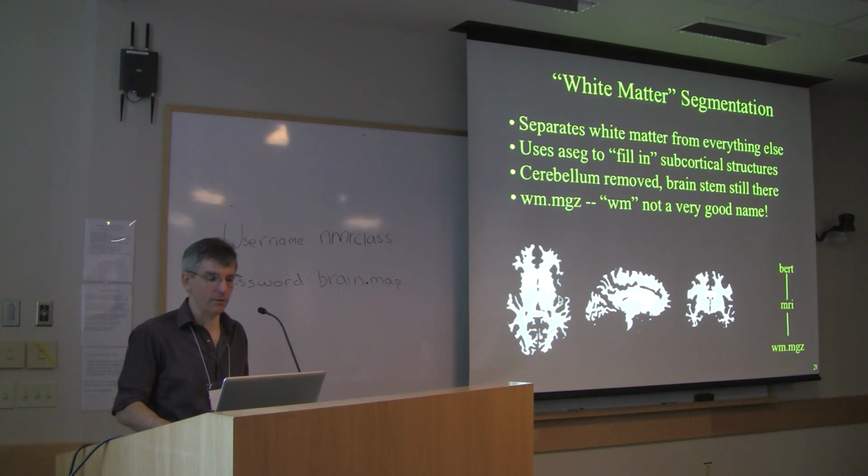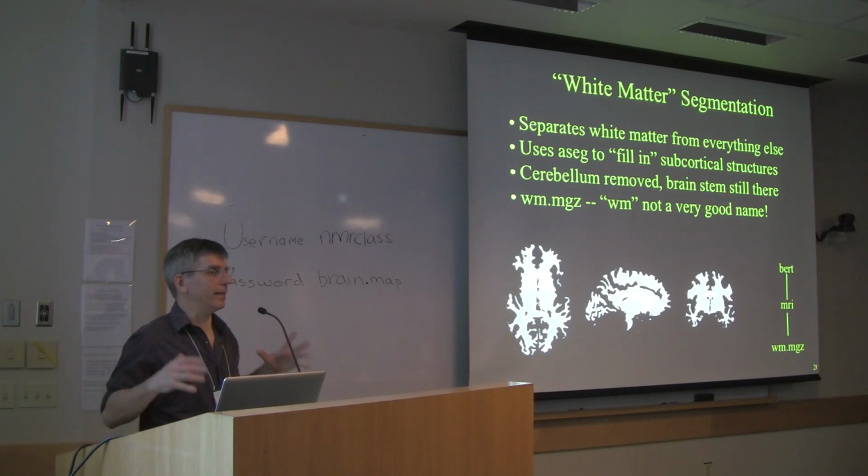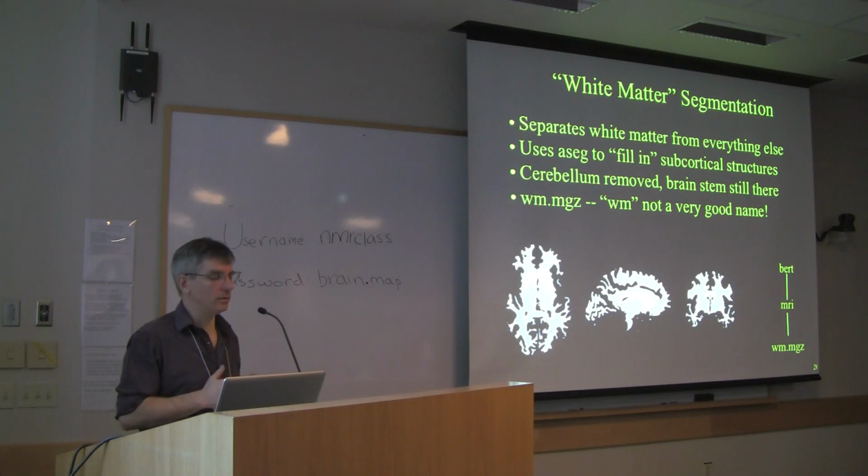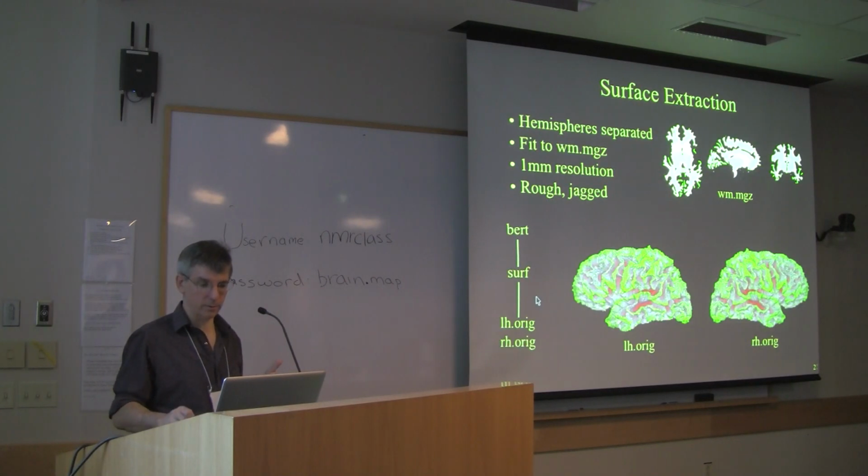As you can see inside of here, the ventricles are filled in, you have the putamen that's filled in, and the hippocampus might be filled in. So what this is basically is a subcortical mass. Everything that is inside of cortex is non-zero here, otherwise it's 0. And this is going to be the starting off point for creating the first surfaces, which is done here.